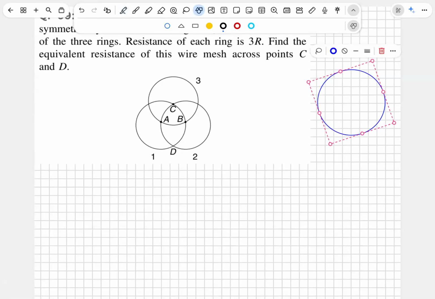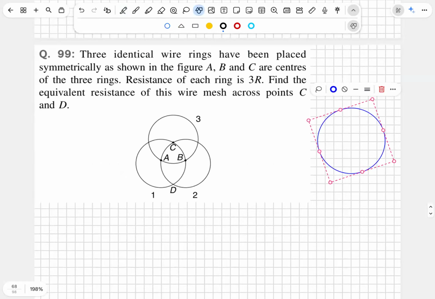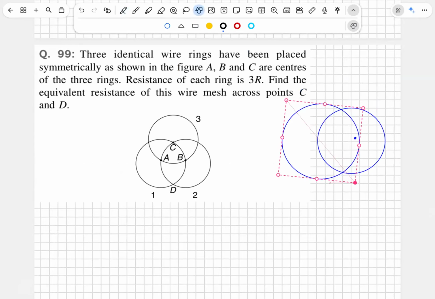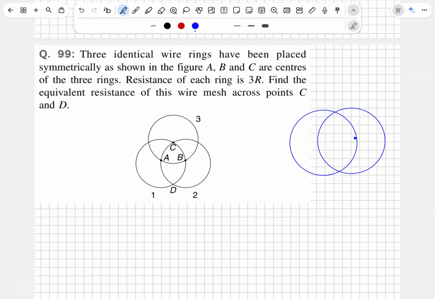This is the ring. Symmetrically placed, which means one ring is passing through the center of the other ring. Remember, this is possible only when the arc part.